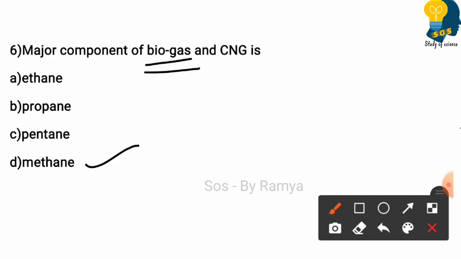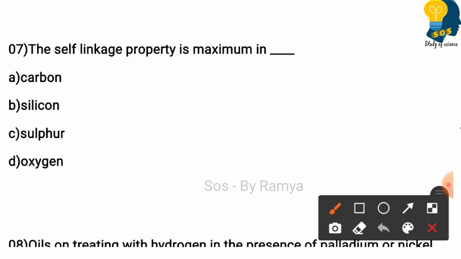In the previous question I spoke about liquefied petroleum gas, don't confuse. Here we are talking about biogas, so methane is the major component in biogas and also compressed natural gas, not ethane, not propane, and not pentane. The correct answer is methane.